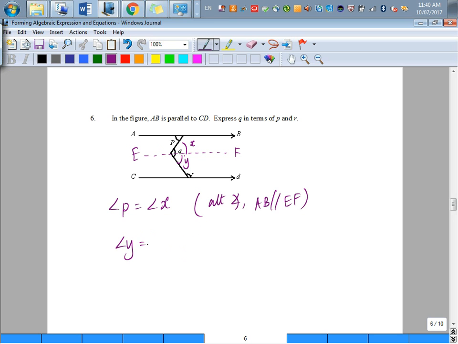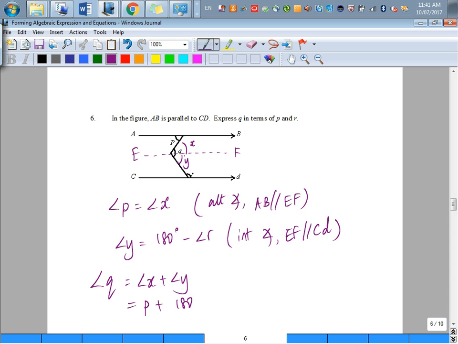Angle Y is equal to 180 degrees minus angle R, because of interior angles, AB parallel to EF, and EF parallel to CD. So we know that our angle Q is made out of X and Y. So angle Q equals angle X plus angle Y, which is P plus 180 degrees minus R.